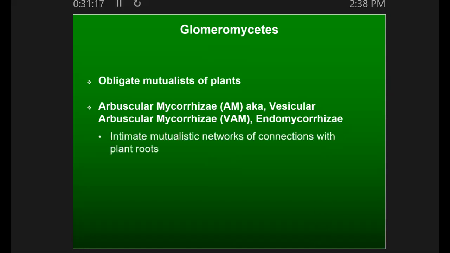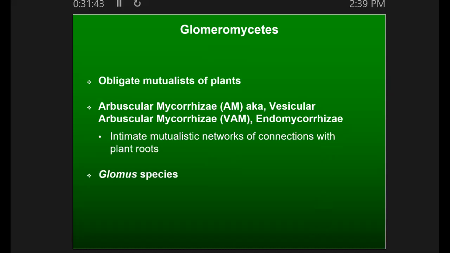But basically, the more popular term currently seems to be arbuscular mycorrhizae, so I'll try to use that. These arbuscular mycorrhizae form really intimate growth connections with plant roots. All right. And probably the most heavily studied is this fungus, the genus name Glomus.